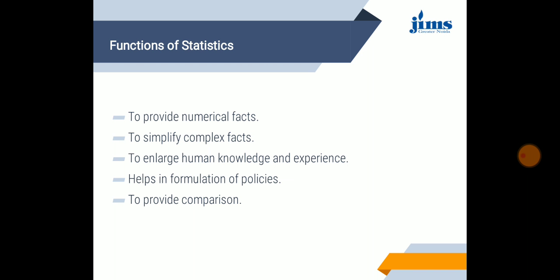Either the test is very tough, or the majority of the students are not participating well in the class, maybe because of the faculty, maybe because of the environment, maybe because of the physical conditions of the classroom, and there are so many other possible reasons. So statistics allows you to simplify those complex facts.